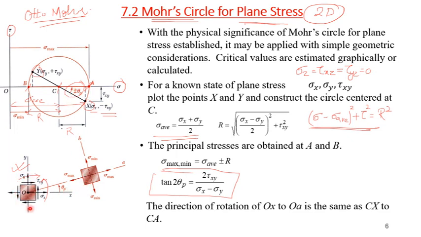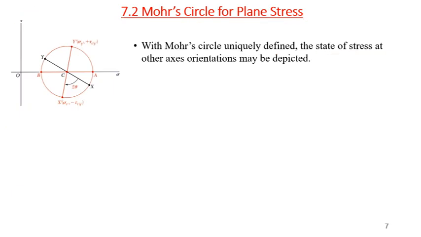And if I rotate this element with angle theta p, again counterclockwise, the same direction over here and here, this will give me the orientation of principal planes and also the principal stresses. Now on the Mohr circle, the angle will be 2 theta p. If you remember, the equation contained 2 theta, and from which we derive, in actual it will be theta p. Okay.